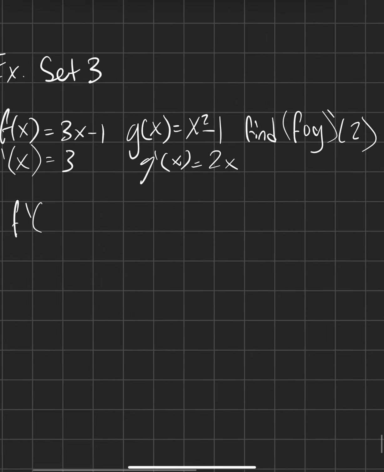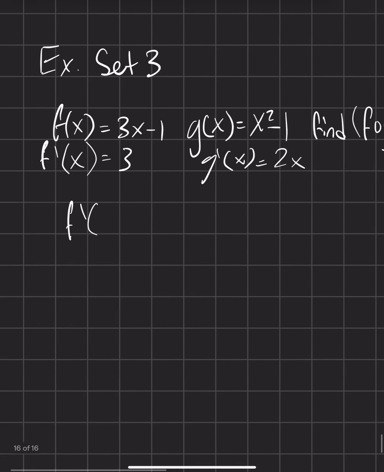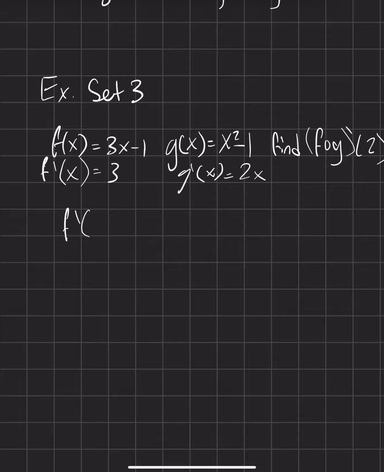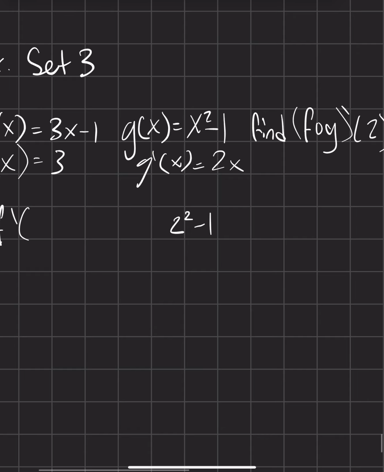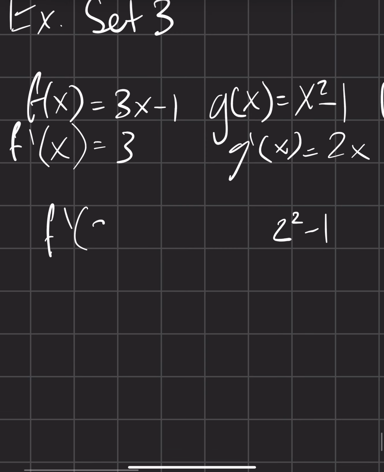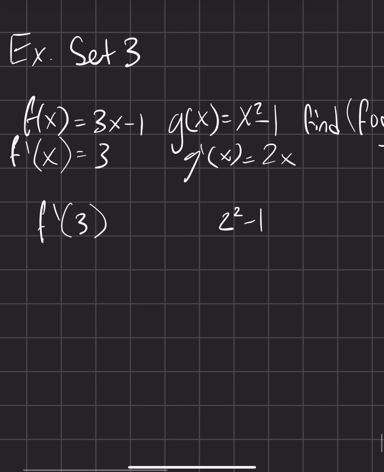So if we plug into our g of x function here, right? We're going to end up with 2 squared minus 1, right? So let's see here. You do that, you get 4 minus 1, you get 3. So what we're really looking for here is f prime of 3, right?